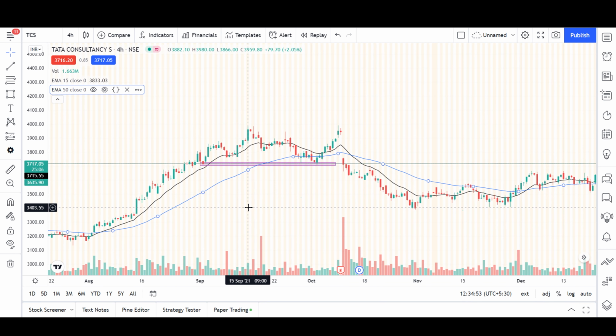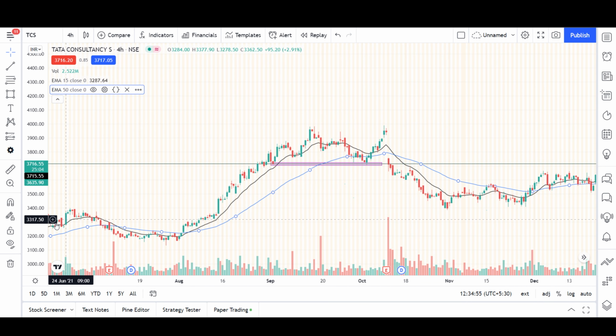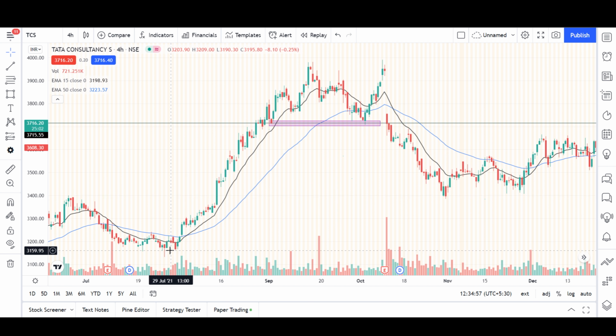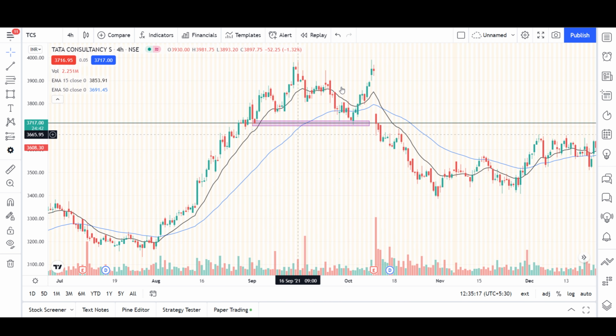Let me just sum it up for you guys again. When the shorter time frame EMA, the 15 EMA, crosses the 50 EMA from below, it generates a buy signal. And we have to continue with the trend until it starts to come back to the 50 EMA. When it starts to approach the 50 EMA, we have to get alert.